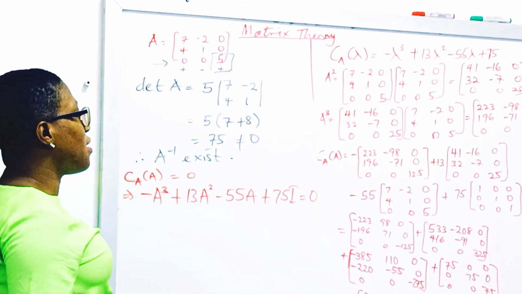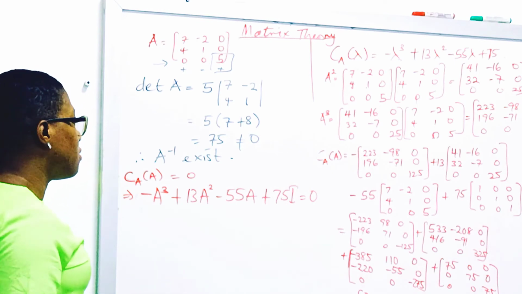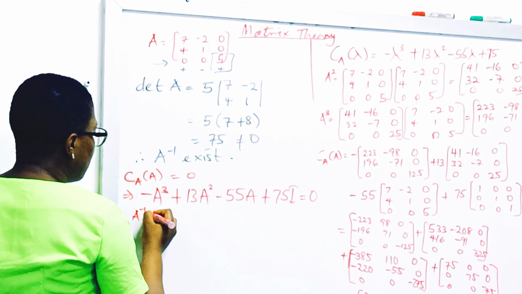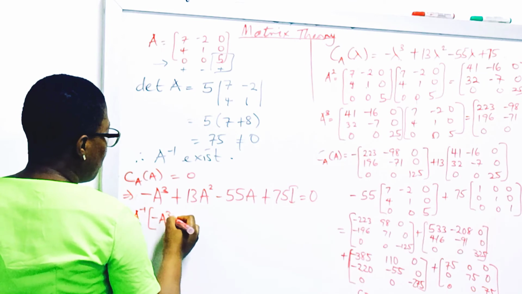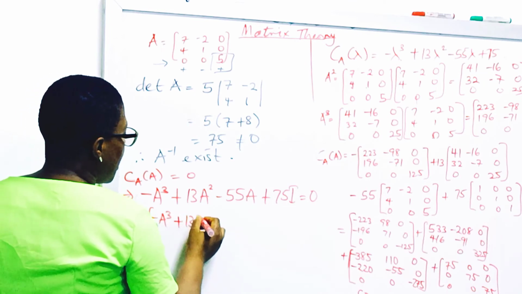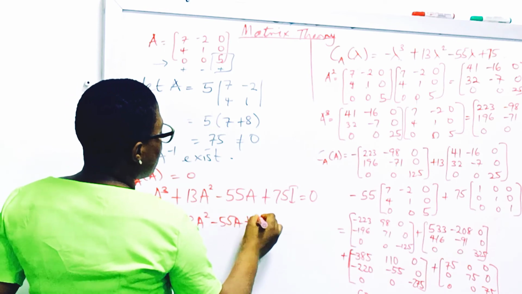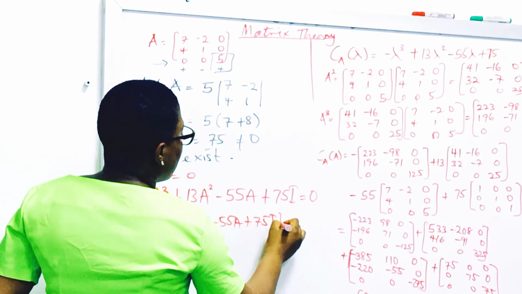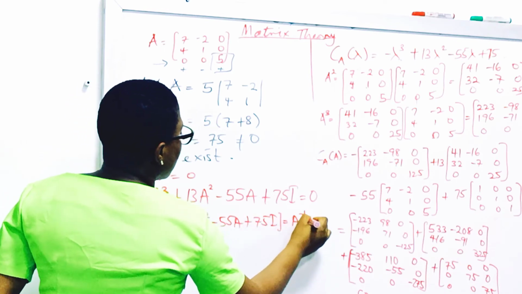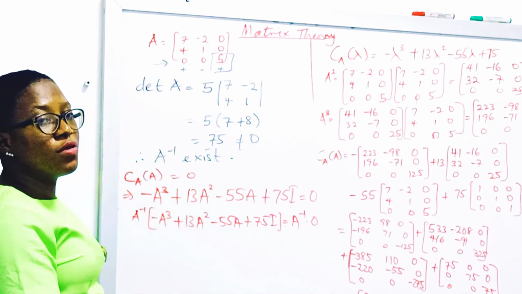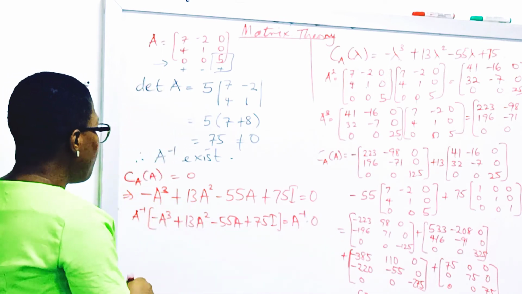Now we know that A inverse exists, so I can multiply by A inverse. So I have A inverse times minus A cubed plus 13A squared minus 55A plus 75I is equal to A inverse times 0. I told you if I multiply from the left, you must always do the same thing from the left.